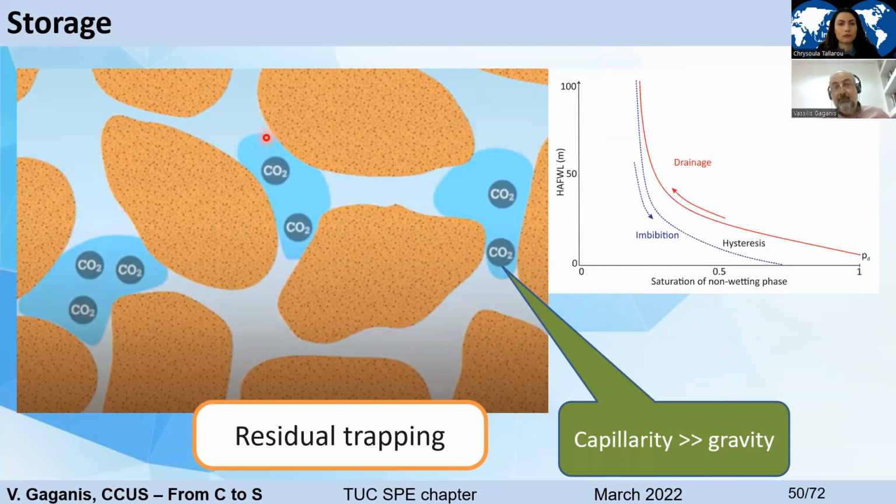You might be applying pressure, it won't move. Its relative permeability, simply speaking, will become equal to 0. So it will be trapped. And believe me, we do like this trapping mechanism more than the previous one. Why? It doesn't move under whatever conditions because it's trapped by capillarity.